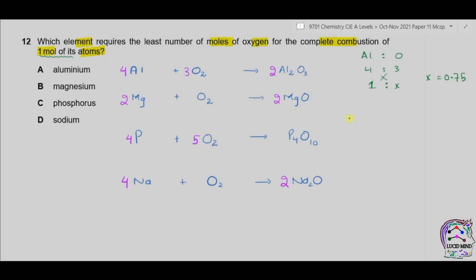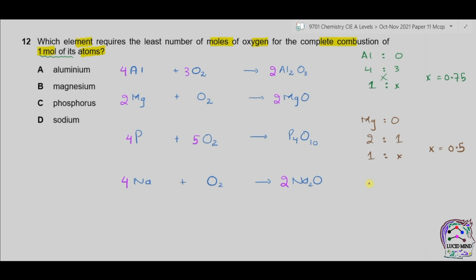Similarly for magnesium and oxygen, we have 2:1. So it will be 1:X. So X is 0.5 moles.